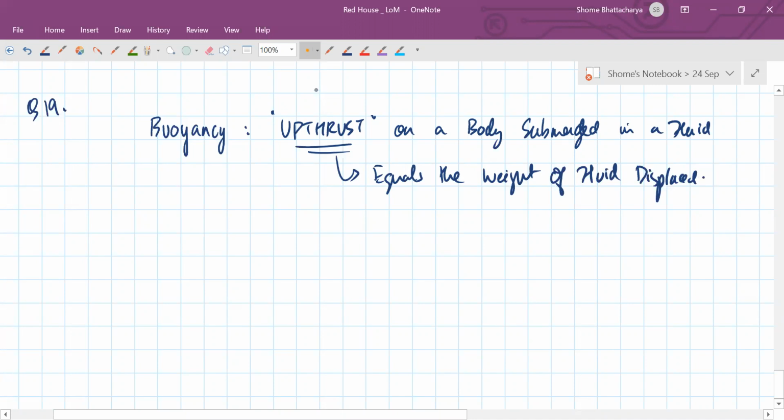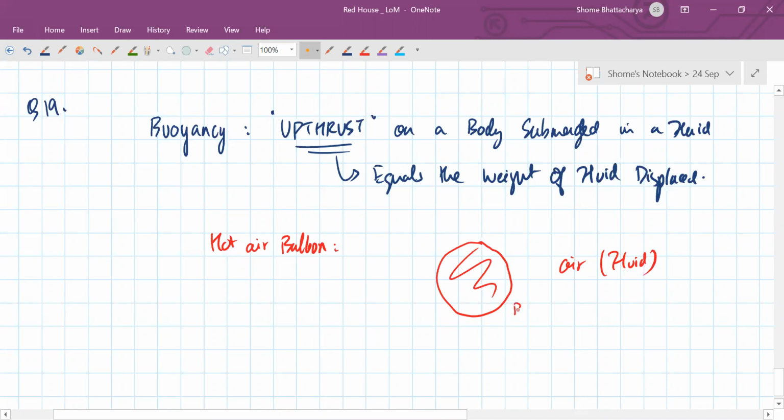So in the case of a hot air balloon, the fluid that we are talking about, in which the body is submerged, is nothing but air. So this is the fluid.